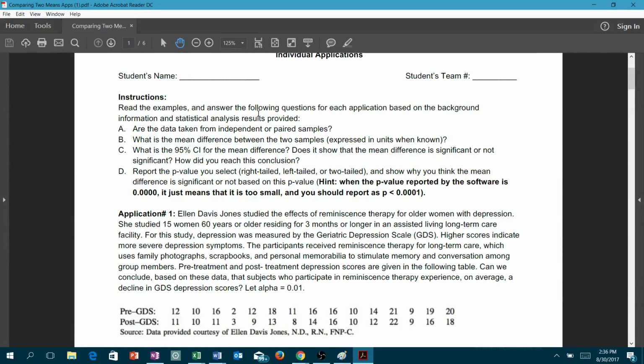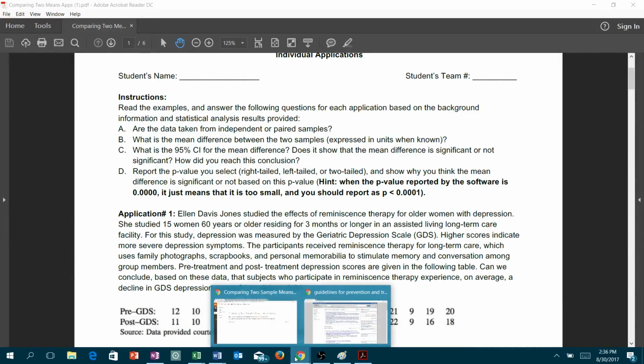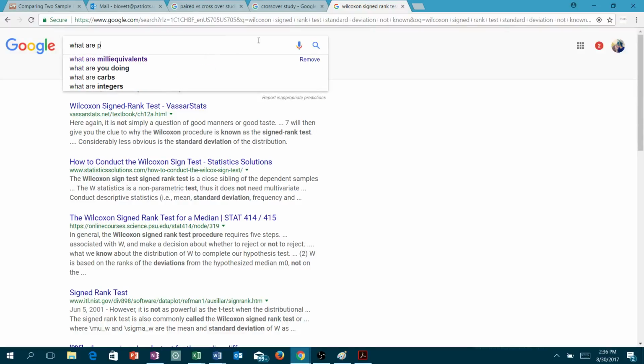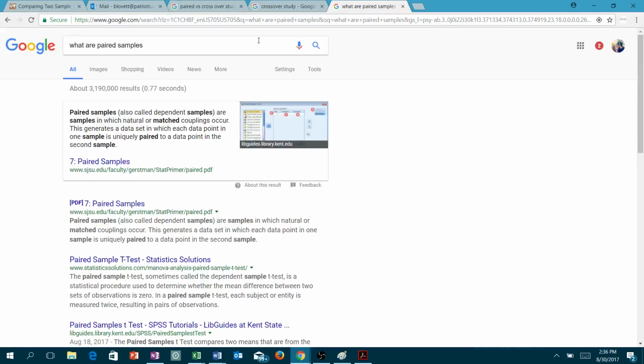I want you to just tell me independent samples or paired samples, depending on the background information that you're going to read. Question B: what is the mean difference? The mean difference is just a numerical difference between the two means that you are comparing. It's already provided in the output, but even if it wasn't, you should just subtract them. So this is just the numerical mean difference.